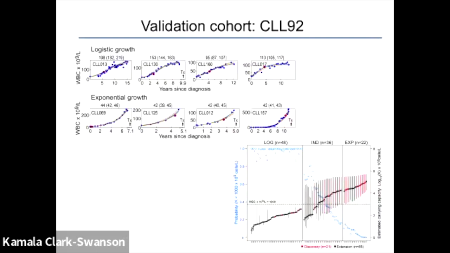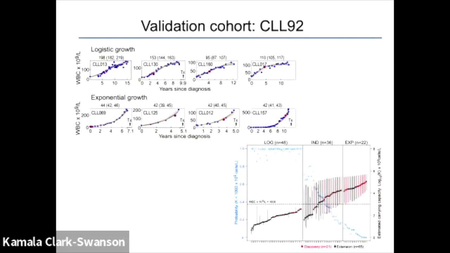Then we went back and looked for all of their white blood cell counts for these patients, and again tried to classify them into one of the 3 categories. On top, I'm showing several examples of logistic growth patients and exponential growth patients in this data set, and we were able to do exactly the same analysis in this larger data set.